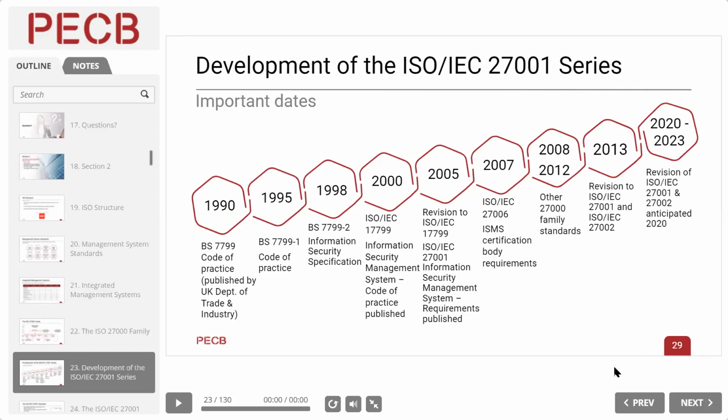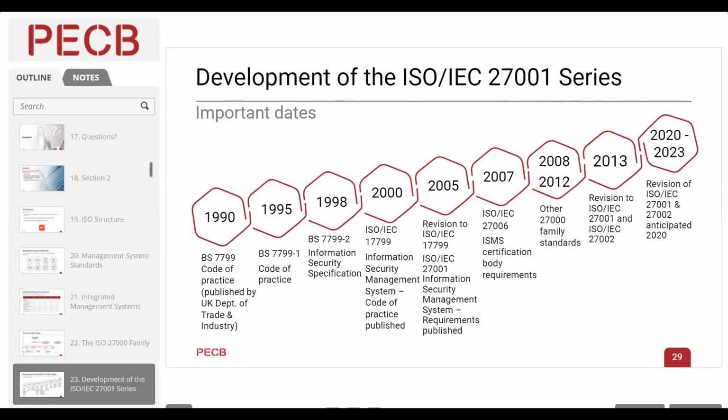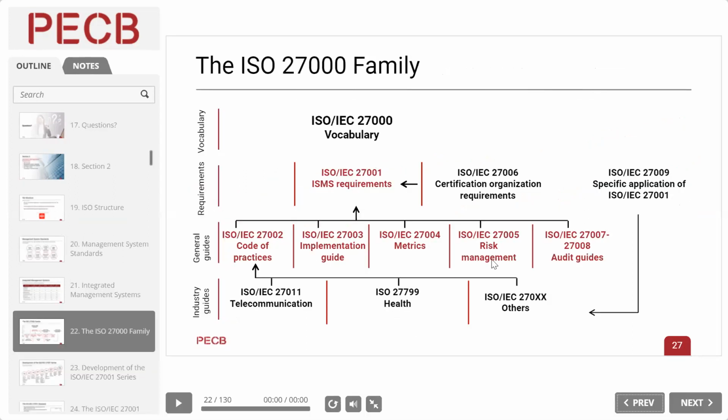To further explain, under 27000 there are actually 4 separate certifications that you can do: the 27001 lead implementer, the 27001 lead auditor, the 27005 lead risk manager, and then the lead cybersecurity manager, which is 27032.